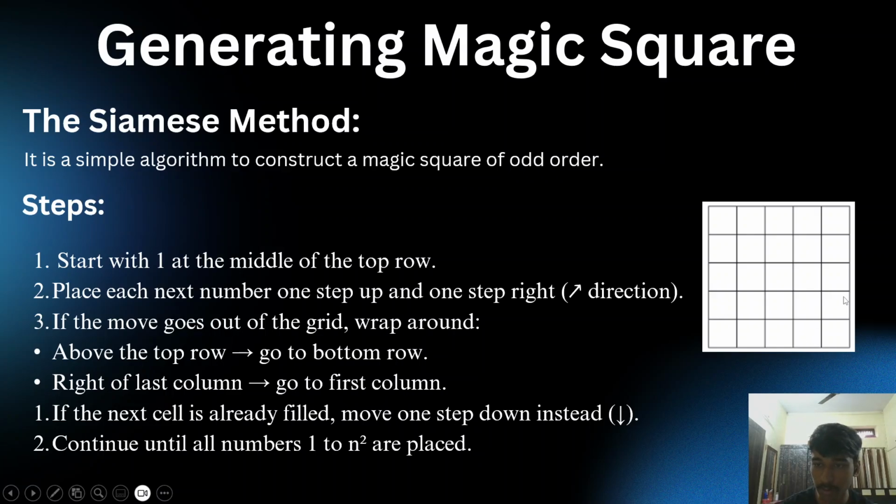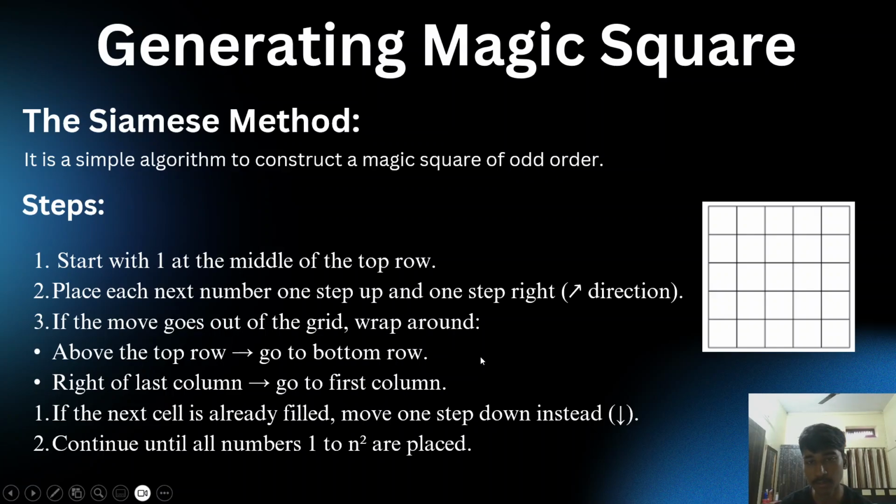If there is nothing on the right, it will wrap around and go to here, 4, 5. Here 6 will not be placed as 1 was already placed here. So the next rule is, if the cell is already filled, we have to move one step down instead. So 6 will actually be placed here. 6, 7, 8, and so on, and it will fill all the numbers from 1 to n square.